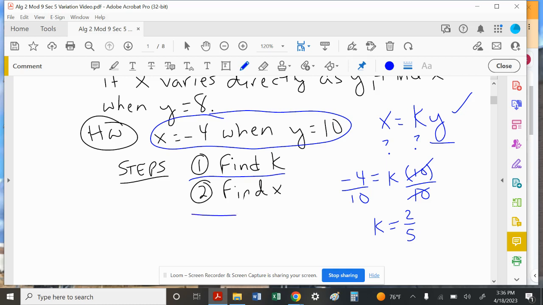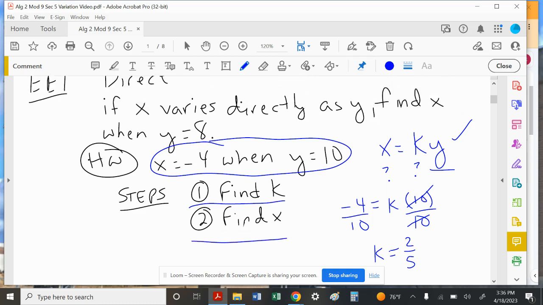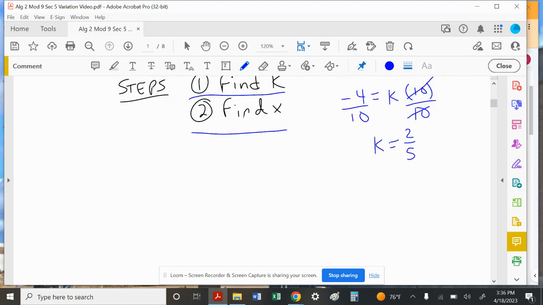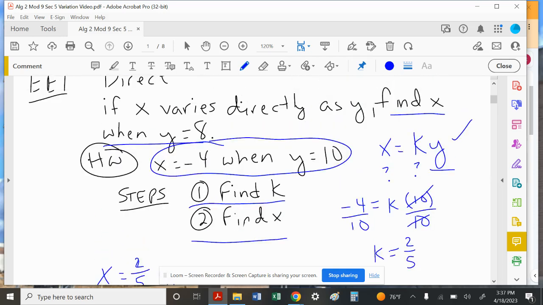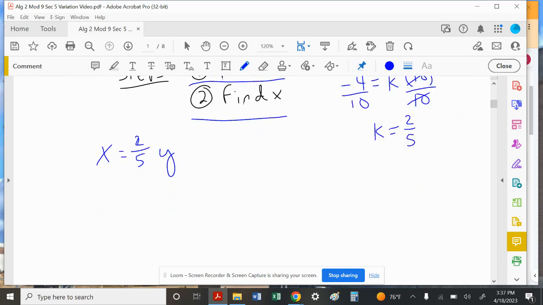Okay, so then our next step is to find x. Now it says find x when y is equal to 8. So we have our equation, x equals k, 2/5 y. There's my new equation, or my real equation. And now we know that we want to find x when y is equal to 8.